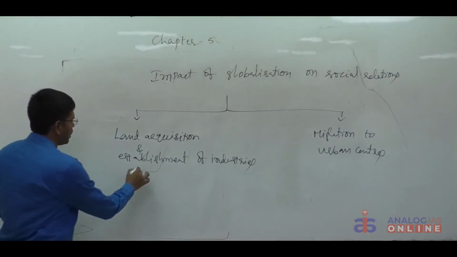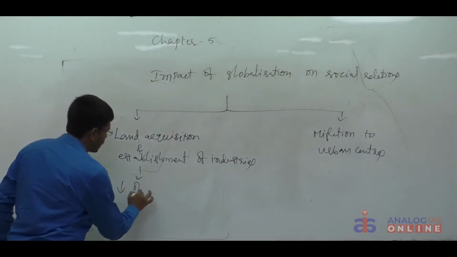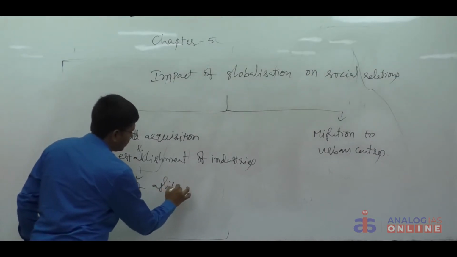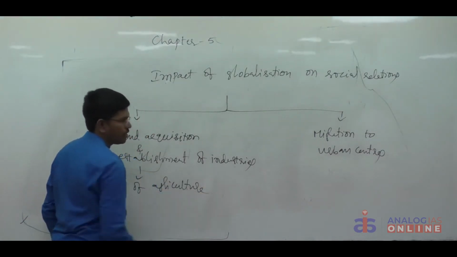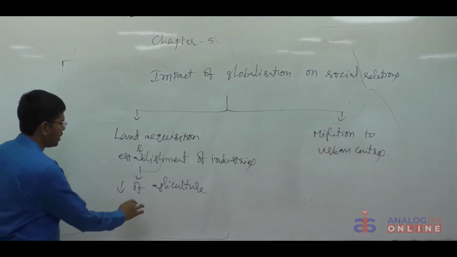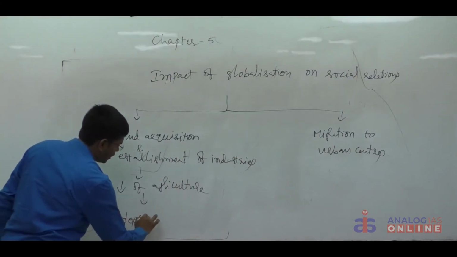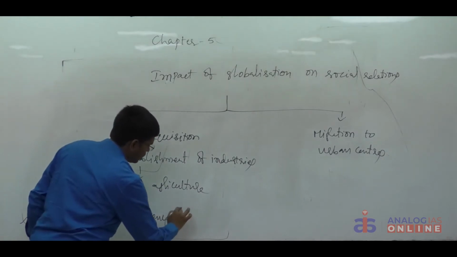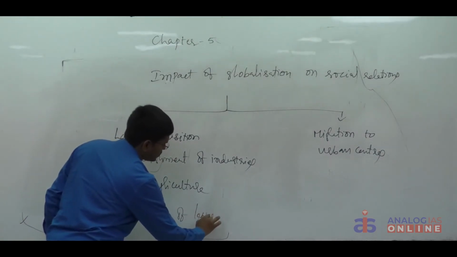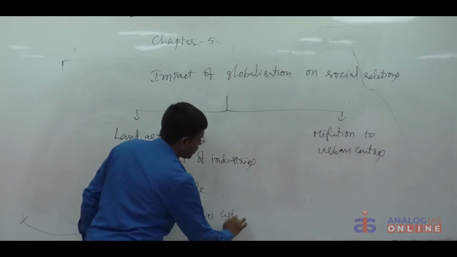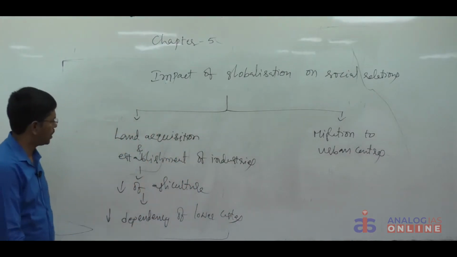Ultimately, there was a decline of agriculture. Because of the decline of agriculture, the dependency of the lower caste on the upper caste decreased. You have to remember this point.